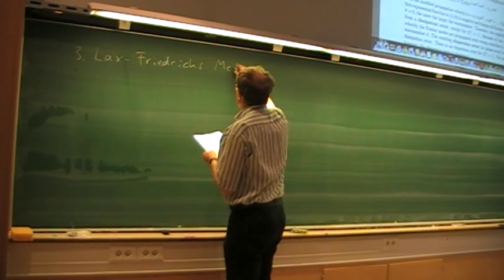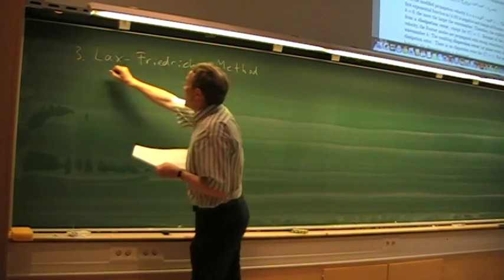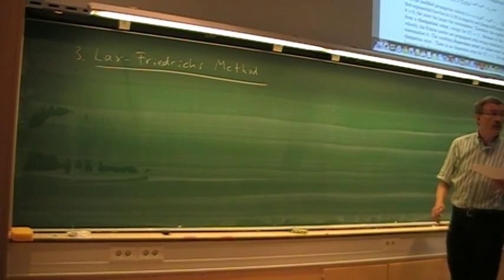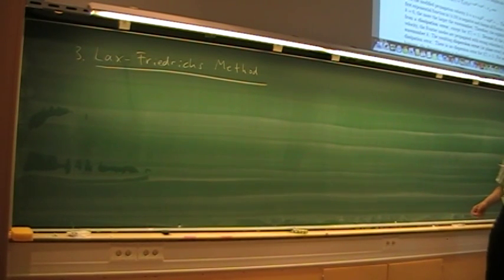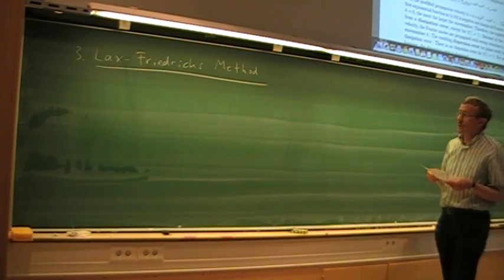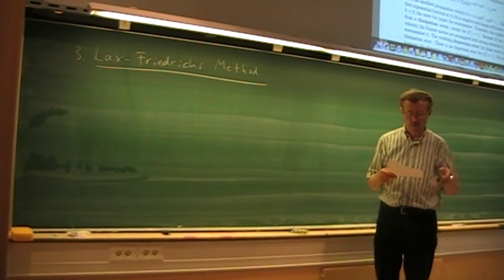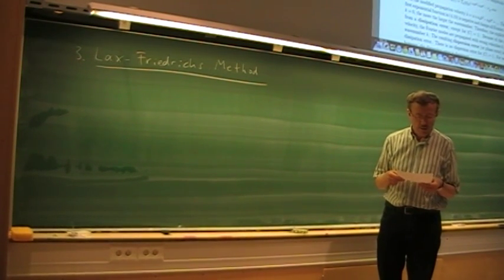Friedrichs is the same name as in the CFL, the F in the CFL, the Courant-Friedrichs-Lewy. And Peter Lax has been an important, prominent mathematician who got the Abel Prize a few years ago, which is a kind of Nobel Prize given here in Norway.